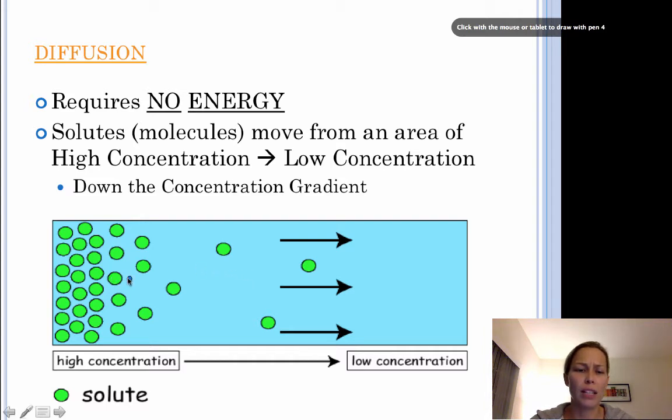So diffusion we see here, we have in green are solutes, and they are moving from an area of high concentration down their concentration gradient to an area of low concentration. That's going to happen whether it be a gas or whether it be a dye. So the solutes are going to move from their area of high concentration to their area of low concentration.